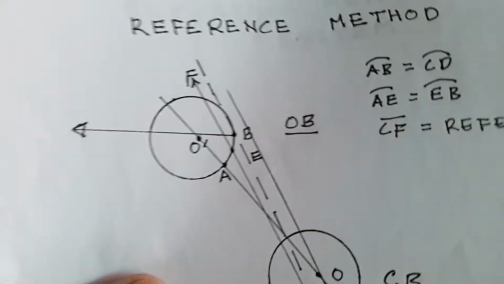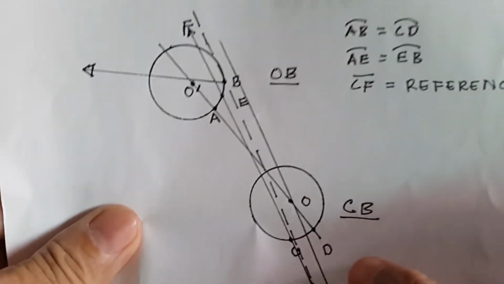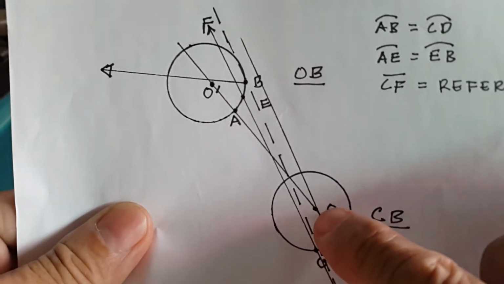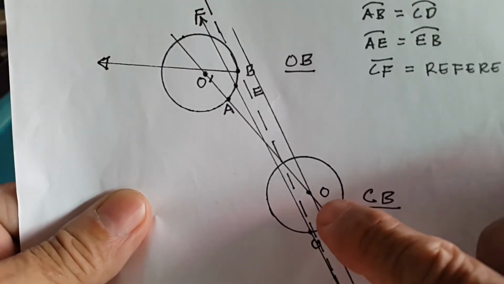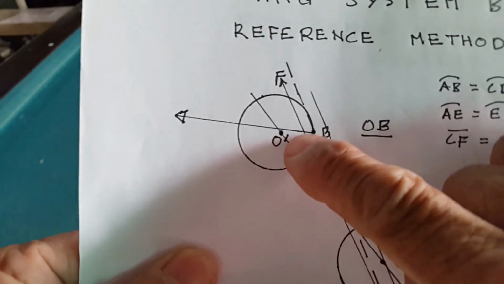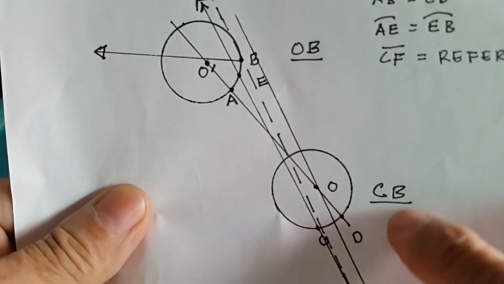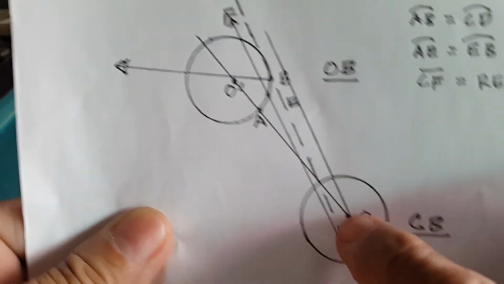In this system, the first step is to connect the centers of the object ball and the cue ball by an imaginary line.